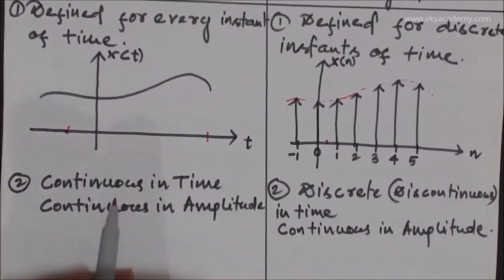Next, a continuous time signal is continuous in time and continuous in amplitude. And a discrete time signal is discrete in time, or you can say discontinuous in time, and continuous in amplitude.